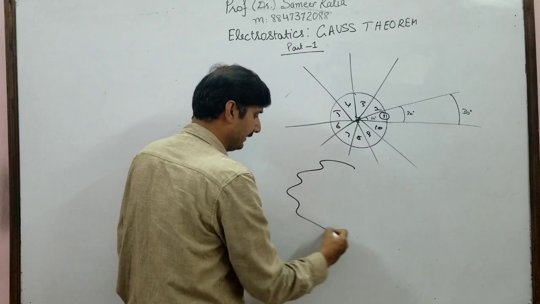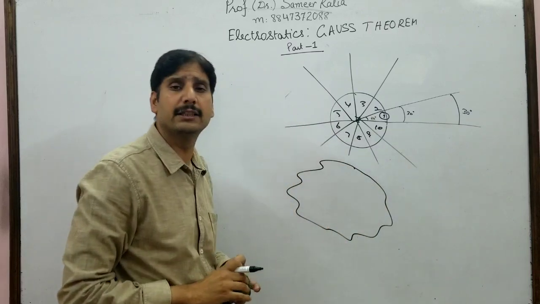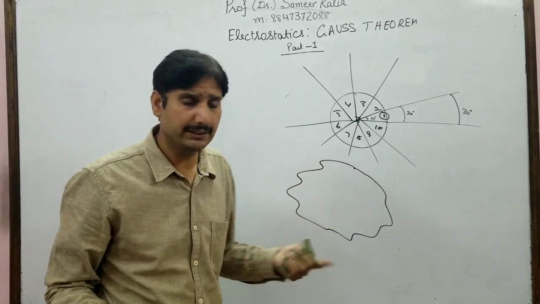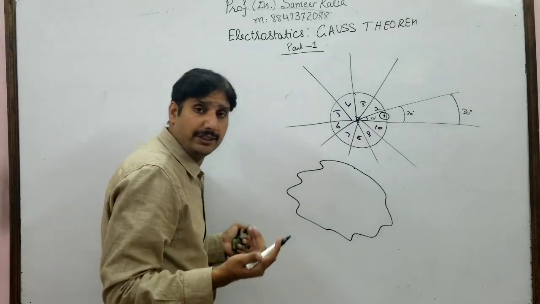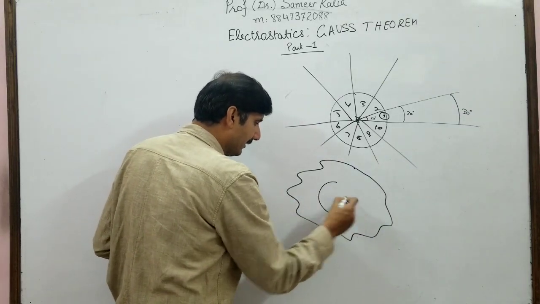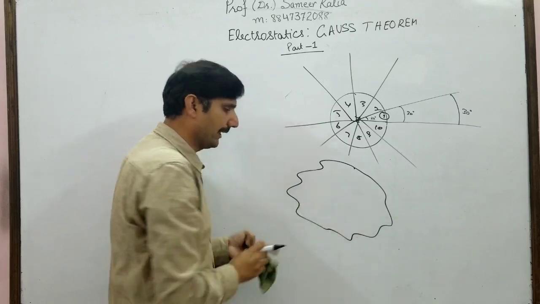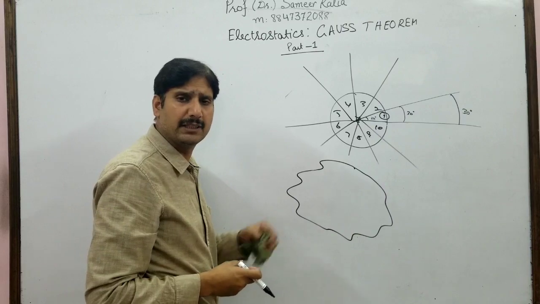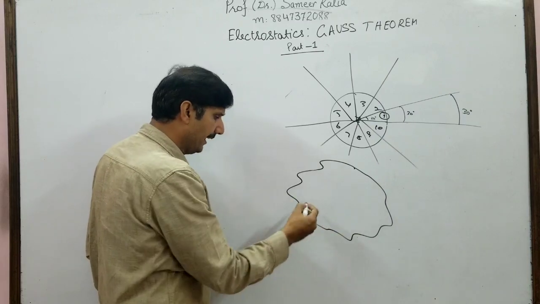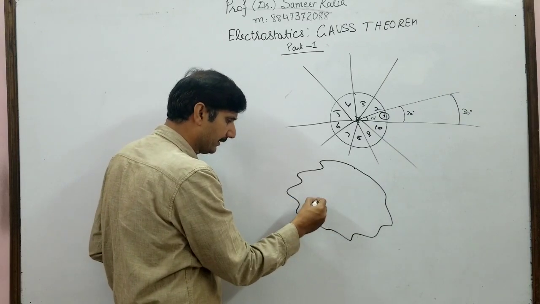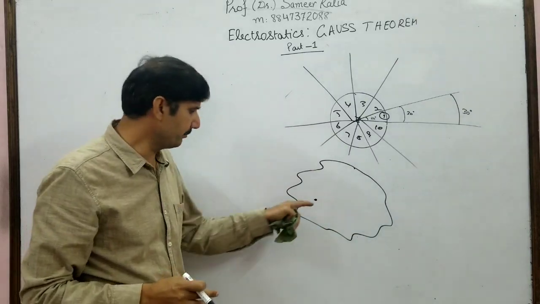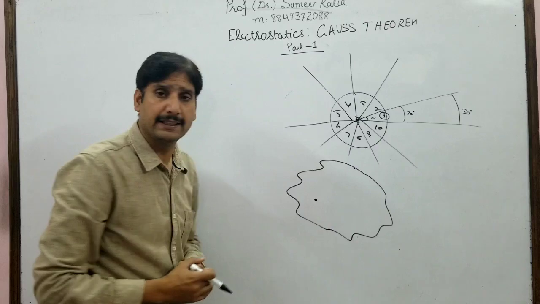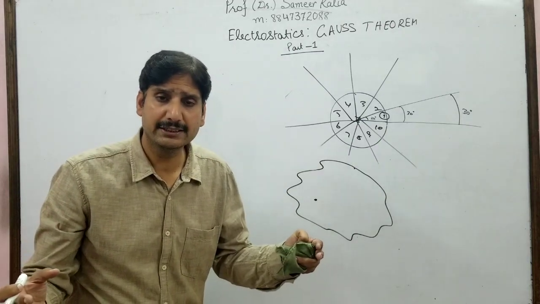Think of any irregular closed shape, which is not circular obviously. Now you wish to find out the total angle subtended by this closed curve at any point, let's say at this point. Can you prove it is 2 pi radians?